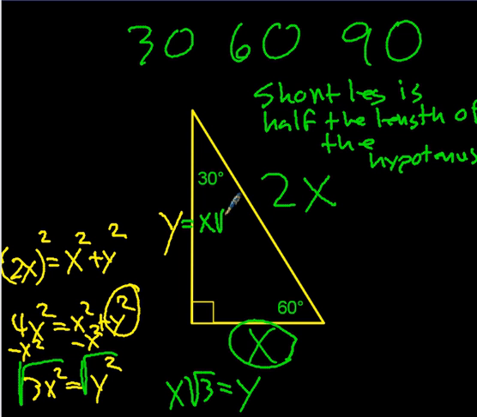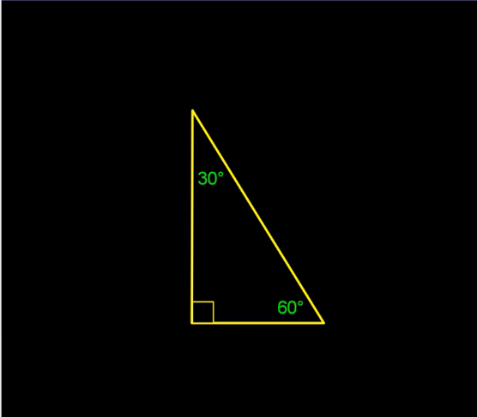It's the short leg times the square root of 3. Okay? And so, starting fresh, if this is x, then this is twice that, and this is x times the square root of 3. Whatever units you might have, doesn't matter.